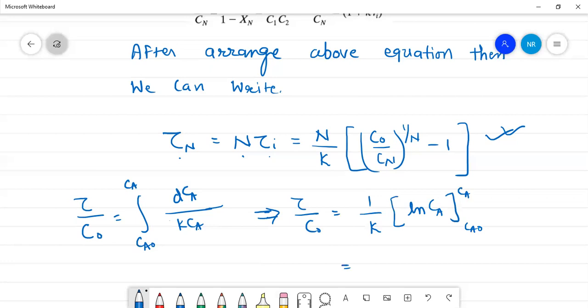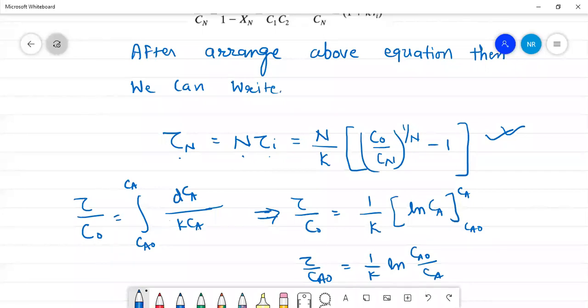If I do the integration, just the final answer, I can write 1 divided by k ln CA0 divided by CA.